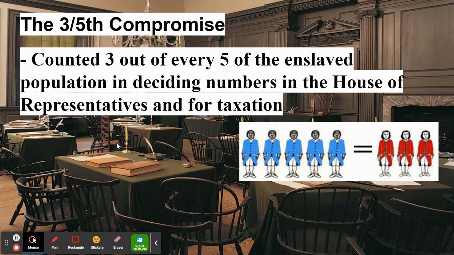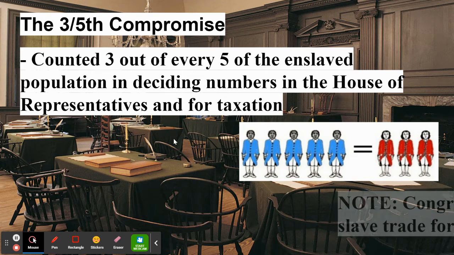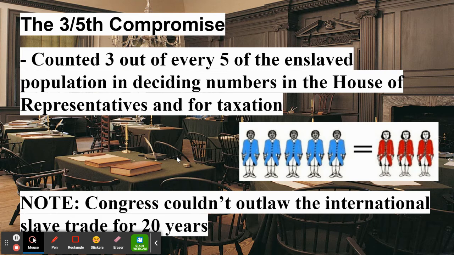So again, the 3/5 compromise counted 3 out of every 5 enslaved people towards the total population. It also included a clause where Congress couldn't outlaw the international slave trade for 20 years.